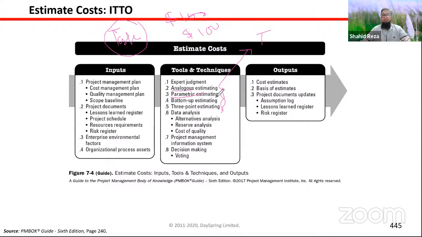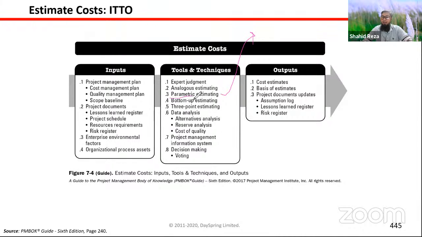And the second tool is parametric estimating. What is parametric estimating? Can anyone remember? We talked about this in the schedule chapter. Using any parameter, right?